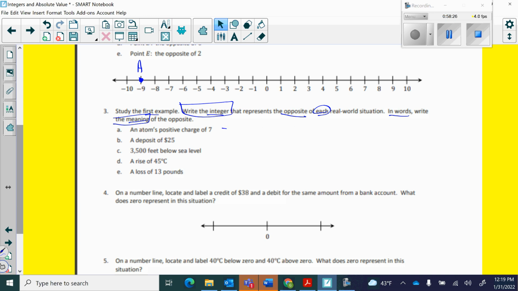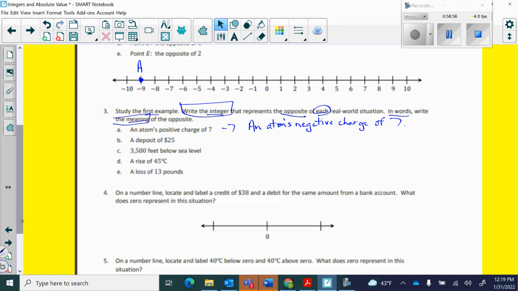In words, talking about an atom. What am I now talking about? Good. An atom's negative charge of 7. Does this make sense? Does everybody understand what you're to do on part 3?